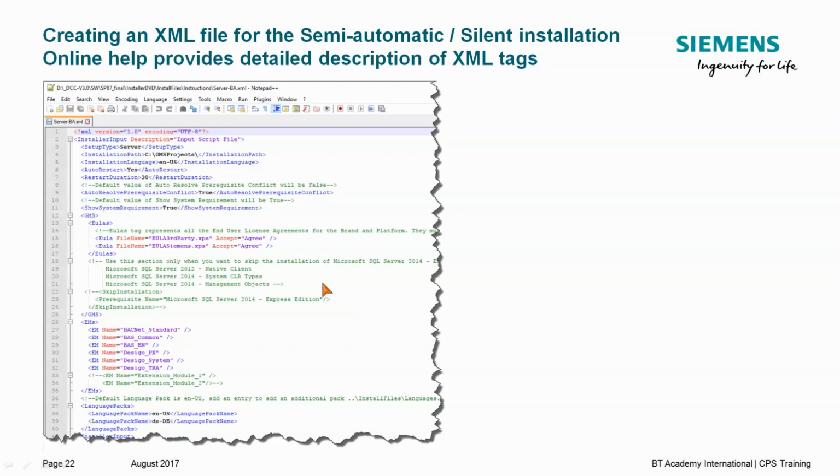And then we are coming now to the sections down here where we define the extension modules we want to install. And then at the end, the language packages. So nothing else basically we define in the manual process of installing the Desigo CC software.